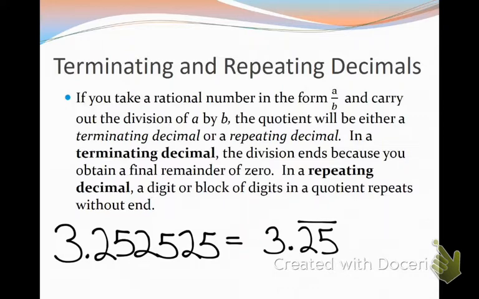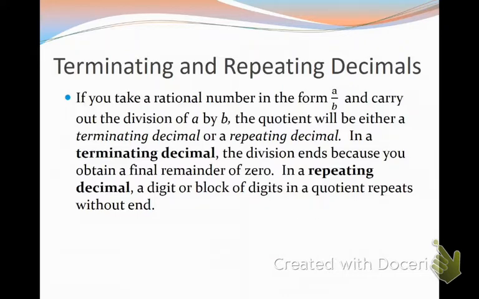All right, the last one I want to show you, you got that? With the bar notation is, what if I had 5.166666? Which number repeats? 6. Only the 6.